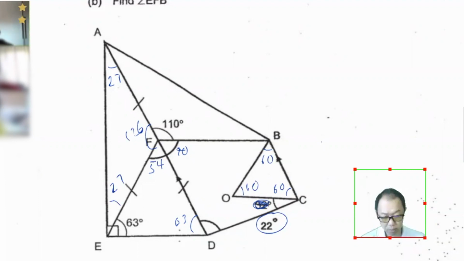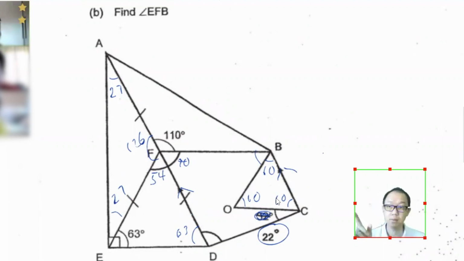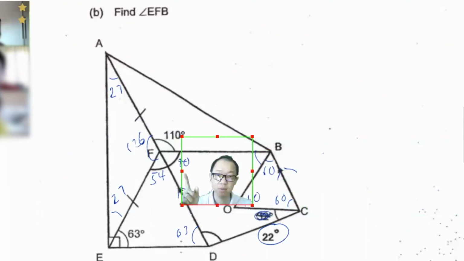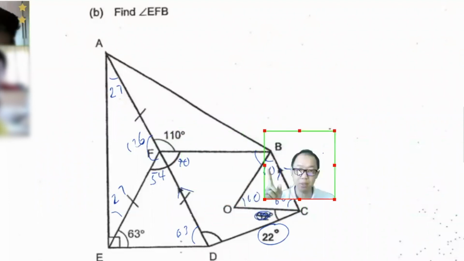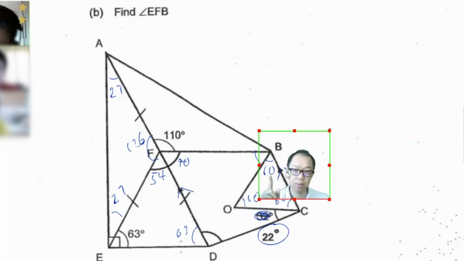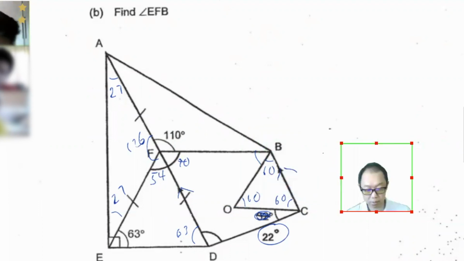This is parallel. Okay, if this is parallel, that means I know this angle. How do I find this angle? It's called interior angle. There you find AFE. So interior angle. So here's 70. Here must be 110. So if this is 110, I have to take 110 minus 60. This will be 50 degrees.